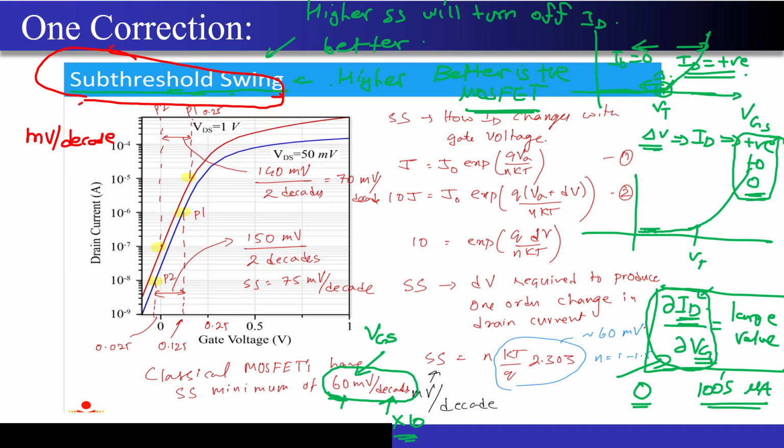Since we are saying ID should change in decades, that is, in orders of magnitude, this formula's units are decade per millivolt. You can see both of them are exactly opposite of each other, so this is not actually the formula.